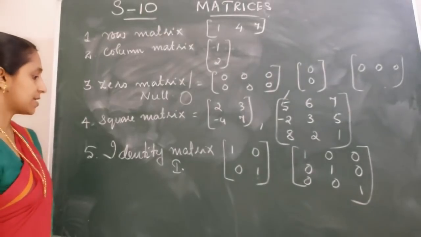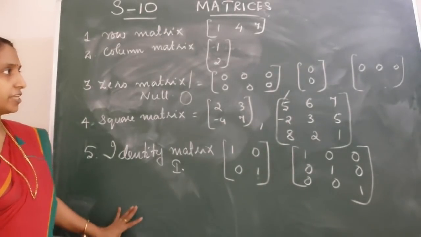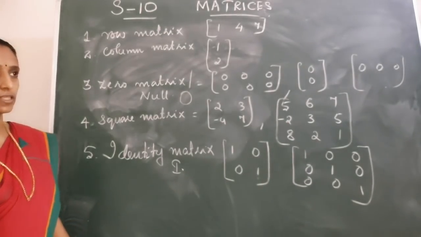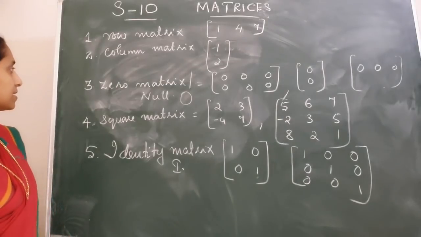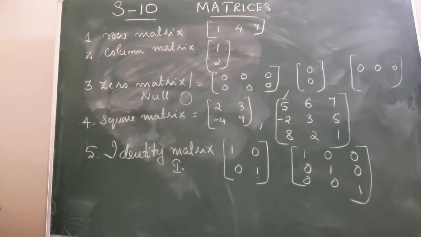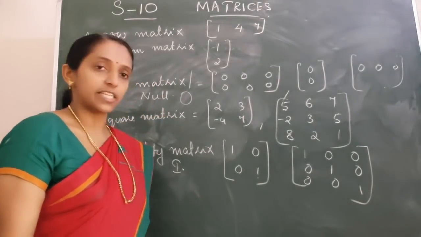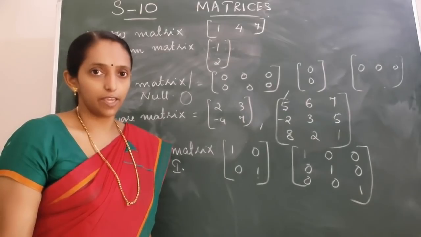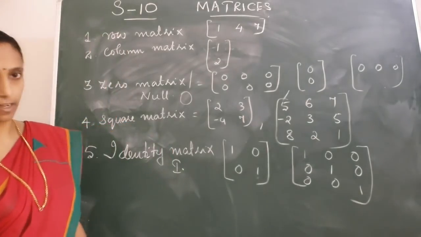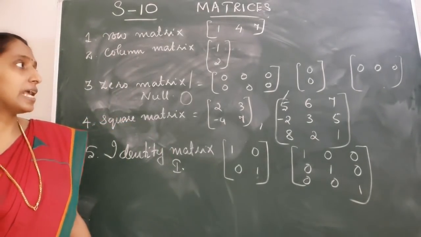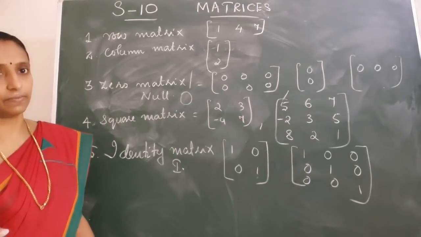Okay, so these are the main classifications of matrices: row matrix, column matrix, square matrix, zero matrix, and identity matrix. Now we can construct a matrix even if the elements are not given.